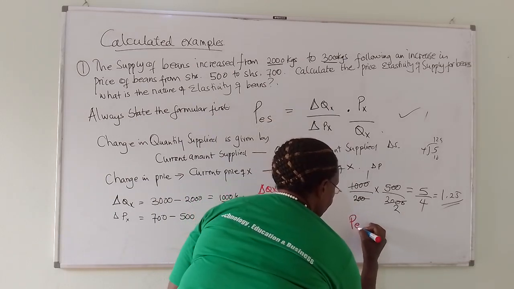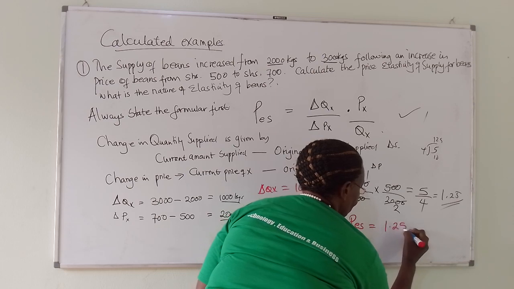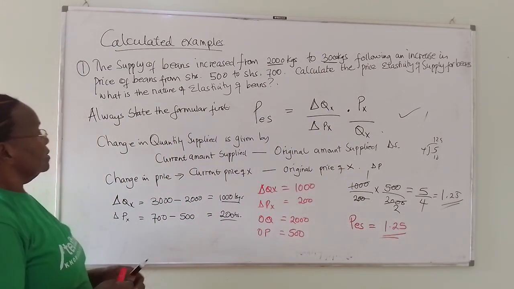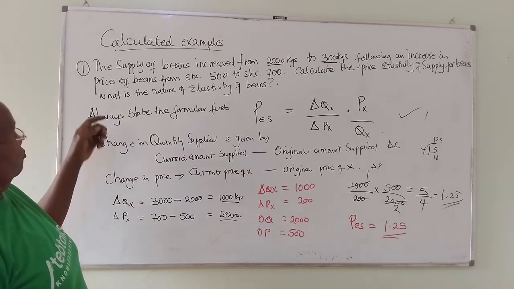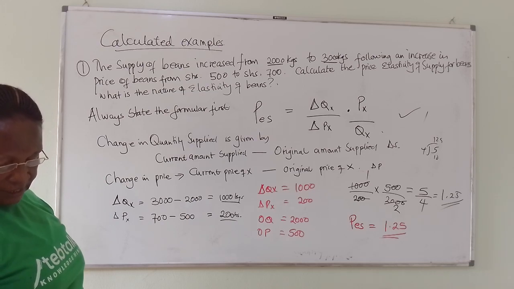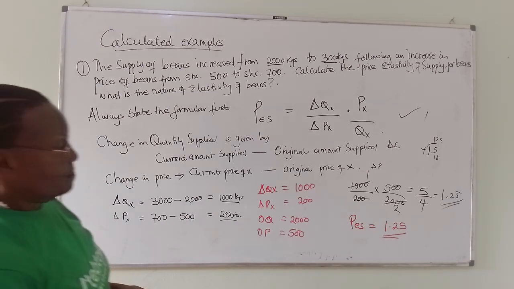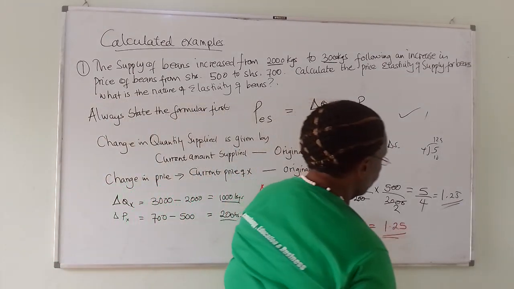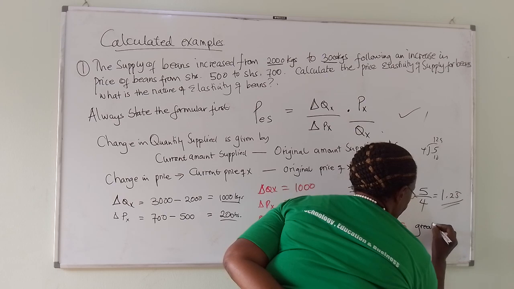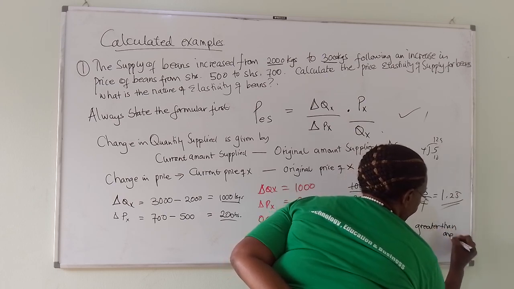So the price elasticity of supply of beans is 1.25. And they are telling us that after getting your value, what is the nature of elasticity of beans? We say that the elasticity of beans is elastic. Why? Because our calculated value is greater than 1. 1.25 is greater than 1.